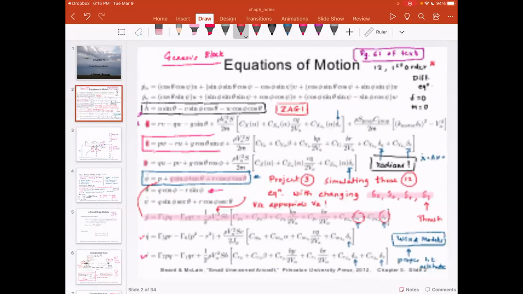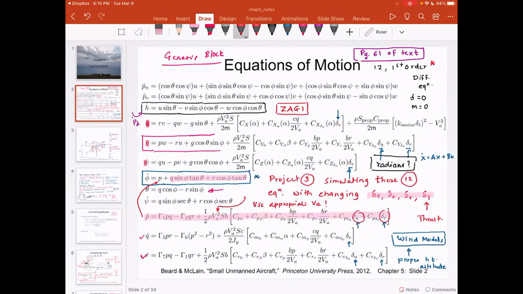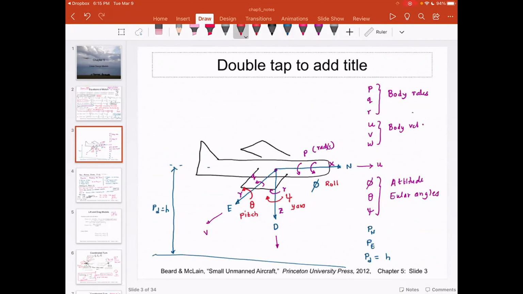And if you look at these equations on the Genesis block, they relate the derivatives with respect to the states. One thing that I want you to note is, look carefully at the equations for the body rate, body velocity, and Euler angles.